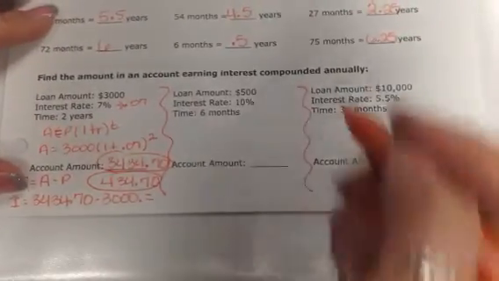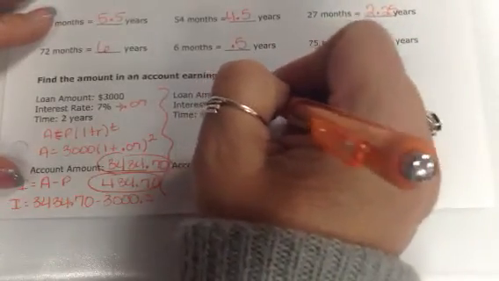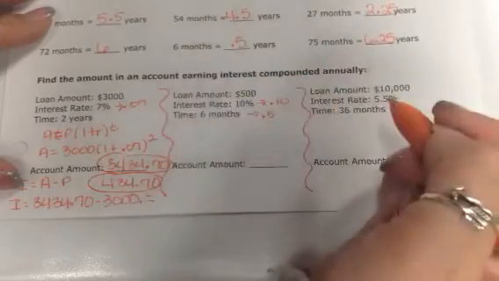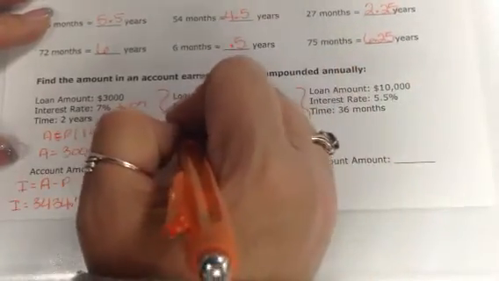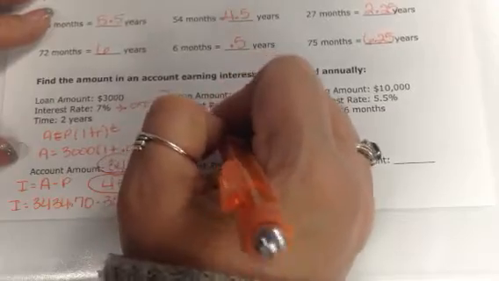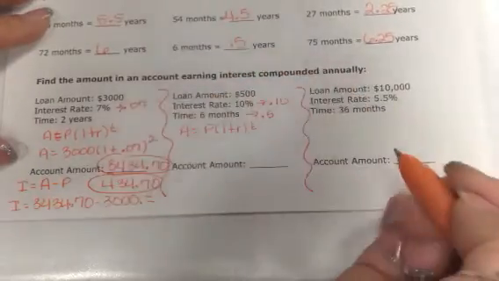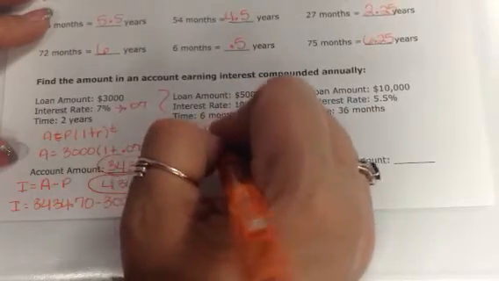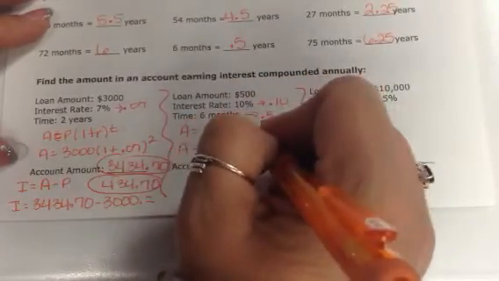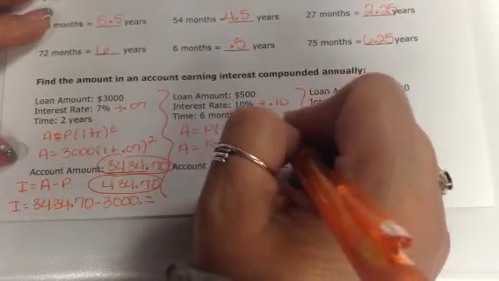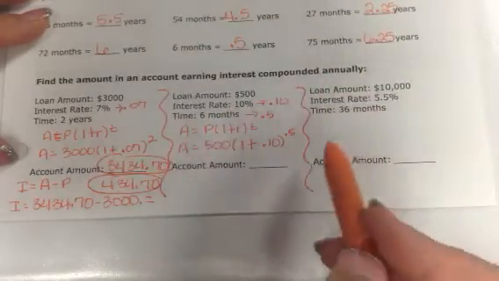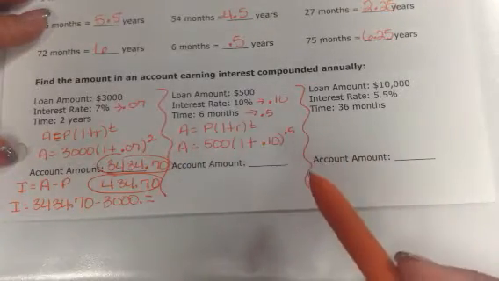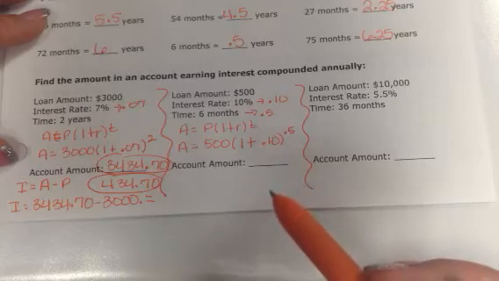Okay? On the next one, I'm going to turn 10% into 0.10. I'm going to turn 6 months into 0.5. And then I'm going to write my formula. A equals P times 1 plus R to the T. So A equals 500 times 1 plus 0.10 all to the 0.5. Now, when you put that 0.5 in, you're still going to use the caret, the rooftop, to make it an exponent, but you're going to put it in as 0.5.